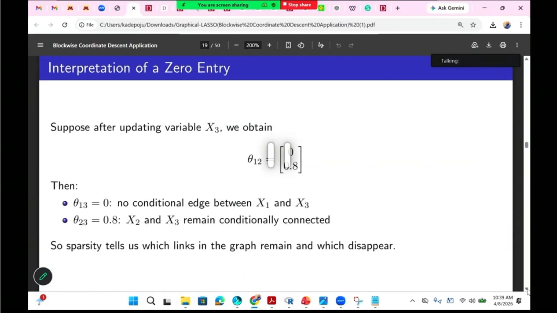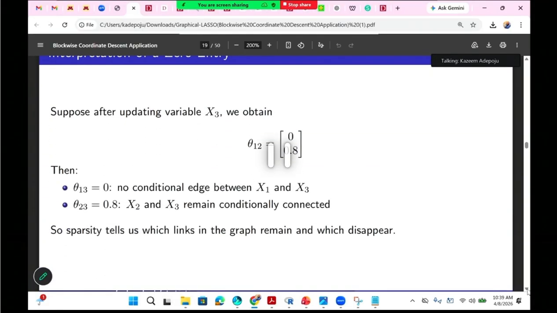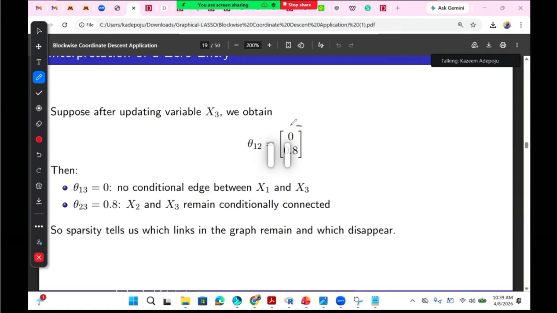Okay, so suppose after we update S3, I'm just assuming, we obtain this. Please pay attention. Suppose after updating, this guy, the other time I said theta 1 2 is actually equal to 0, and then theta 1 3 and theta 2 3, right?